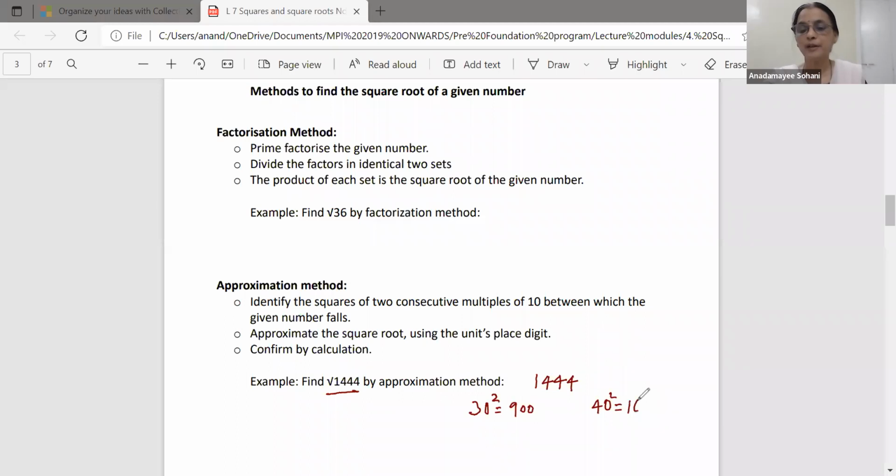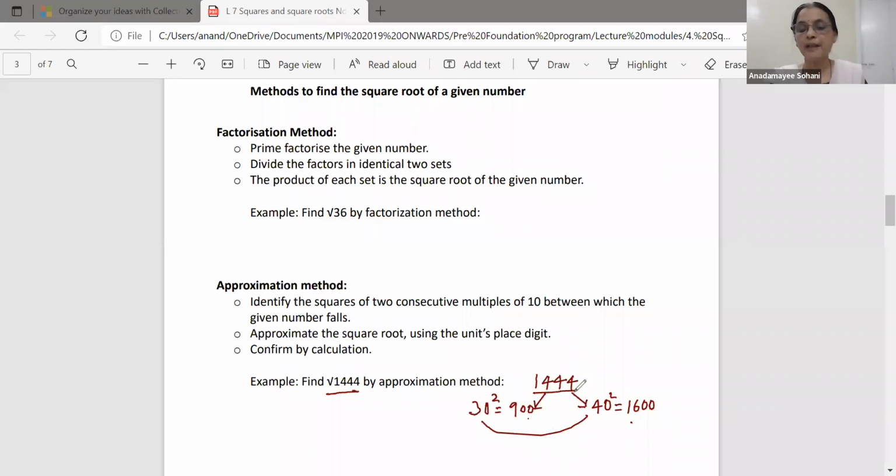I will essentially find two multiples of 10 between whose squares my number lies. So 1444 lies between 900, that is 30 square, and 1600, that is 40 square. So square root of 1444 should lie between 30 and 40.